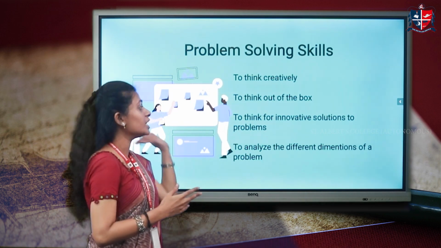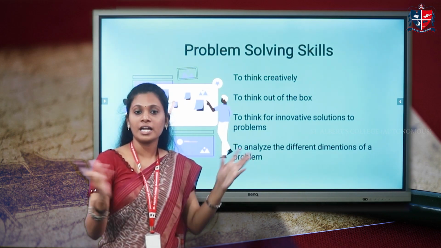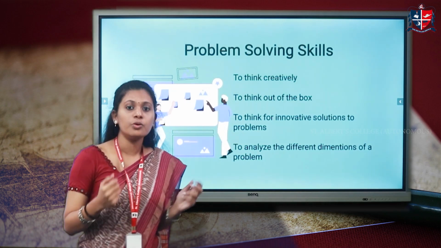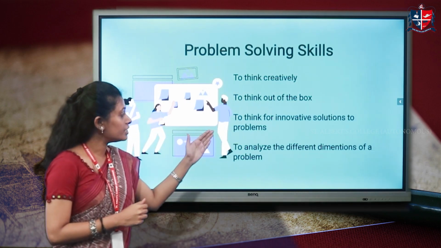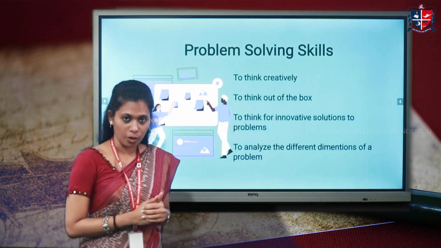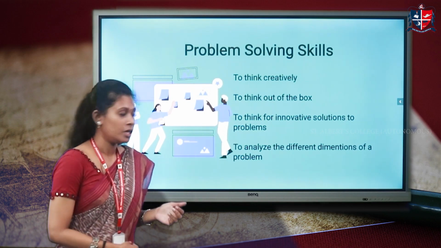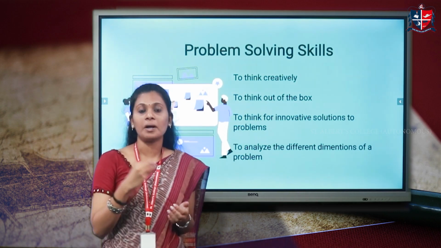Not just follow a random pattern which is already there, but have a creative view on the problem and try to find its solution. To analyze the different dimensions of a problem, not just one perspective.